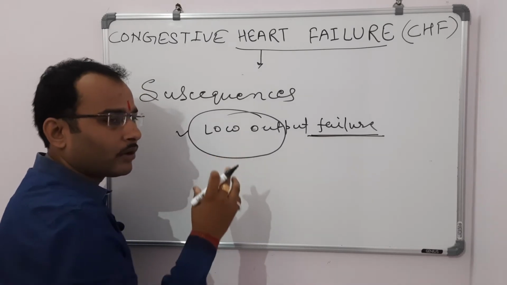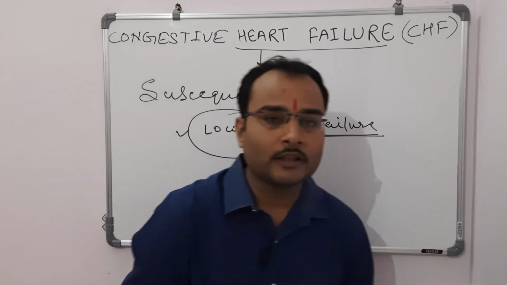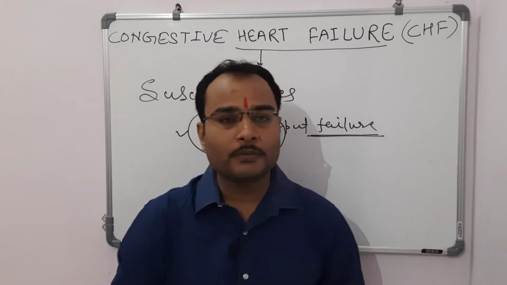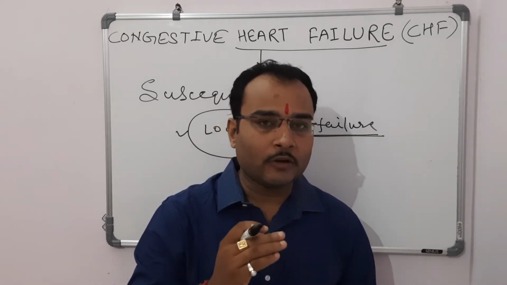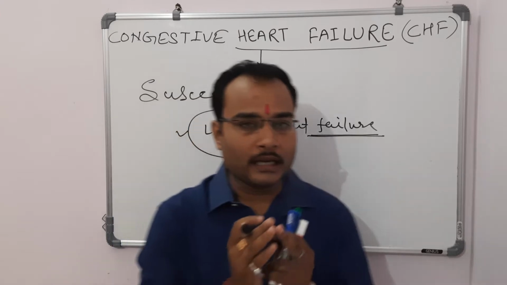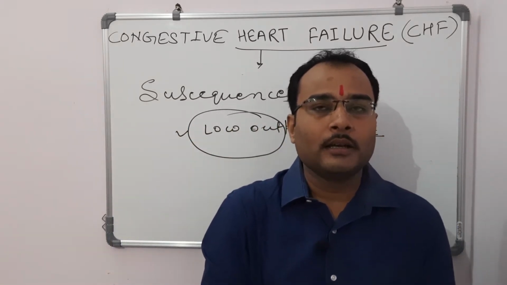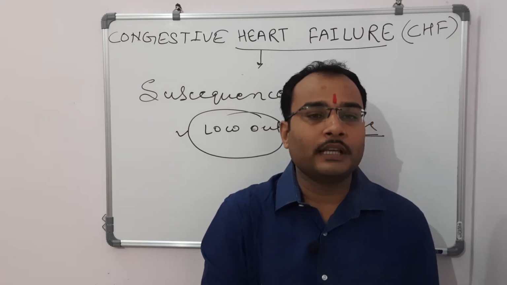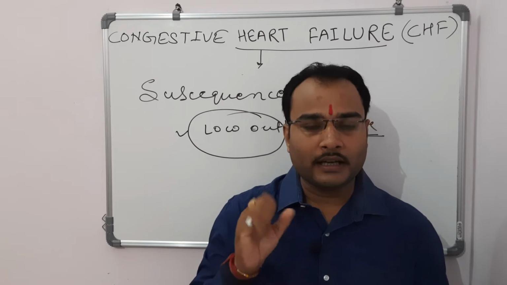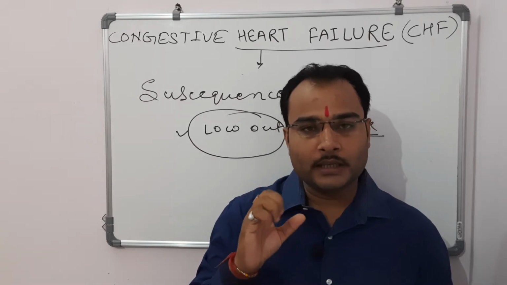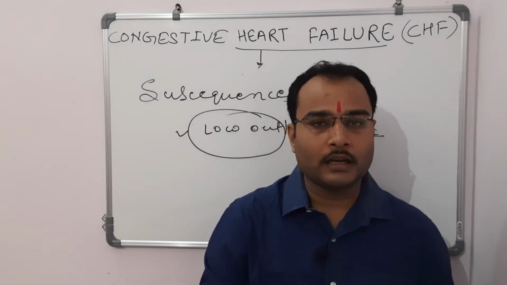The main problem in low output failure is that the heart does not provide sufficient cardiac output. The reason we can understand automatically: there will be a problem in systole, in contraction of the ventricle. If the contraction is improper, sufficient cardiac output will not occur.